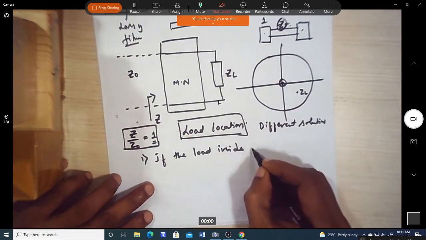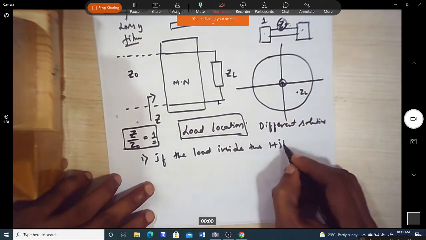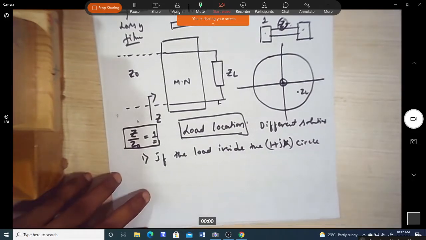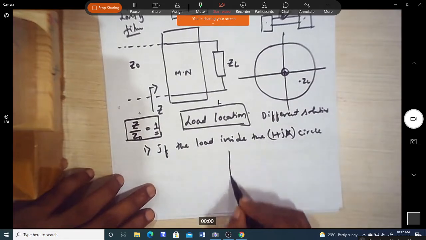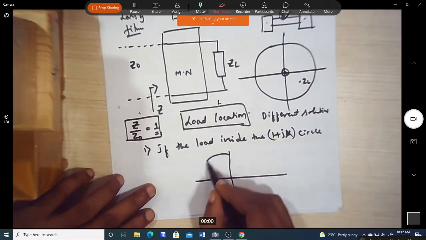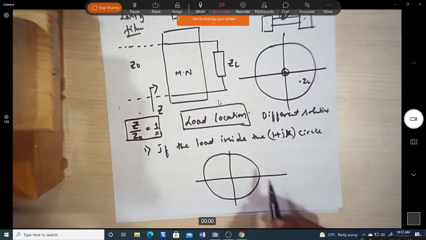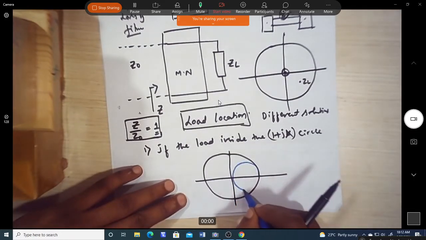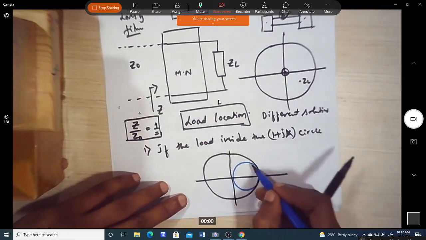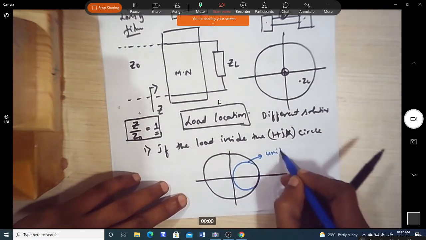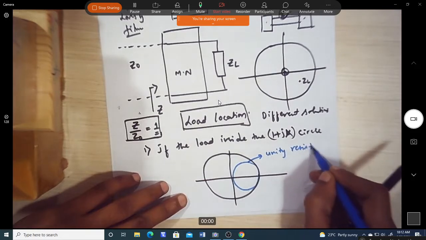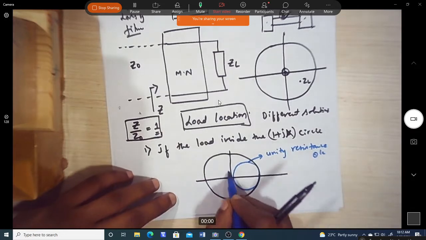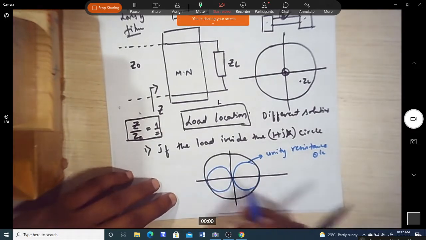is inside the 1 plus jx circle, that is the resistance circle, that we will see. In the Smith chart, if this is a Smith chart, we have the 1 plus jx circle, this one. This we call the unity resistance circle. And similarly we have one more, which is the unity conductance circle.